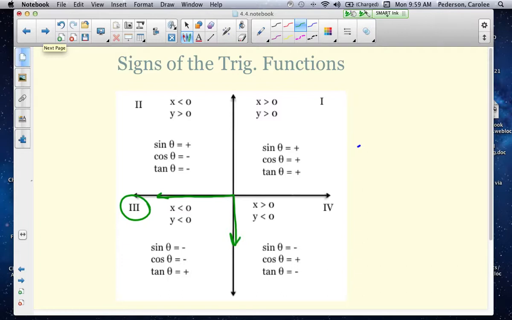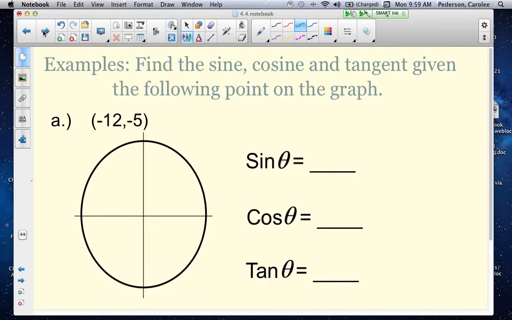Do you agree? So then my sine and my cosine would be negative, but what would happen to my tangent? A negative divided by a negative turns into a positive tangent. So this is just explaining the 4 quadrants. And you have to be very, very careful with your positive and negative signs, depending on which quadrant your angle falls in.